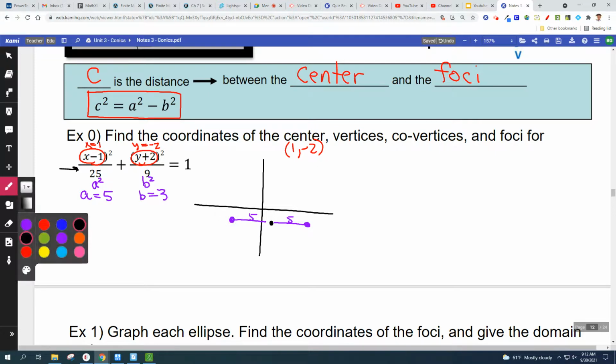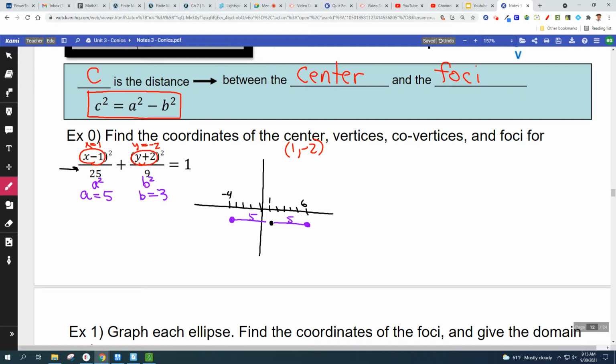If you did a tick mark, this was x equals 1, and you go over 1, 2, 3, 4, 5, this would have to be at 6 now, right? And if you go in the other direction, 1, 2, 3, 4, 5, that should be at what, -4? If you go 5 away from 1, which was the center, 5 in either direction, because that's your distance.